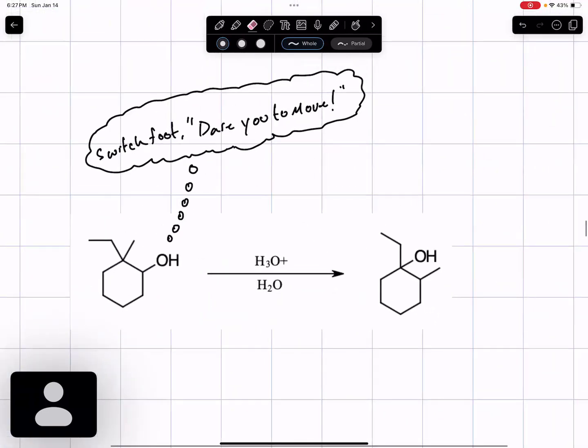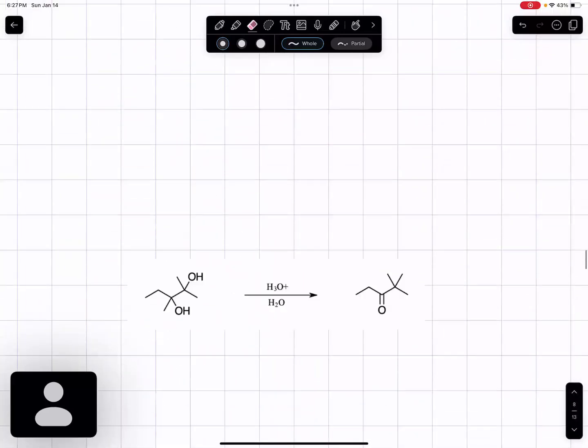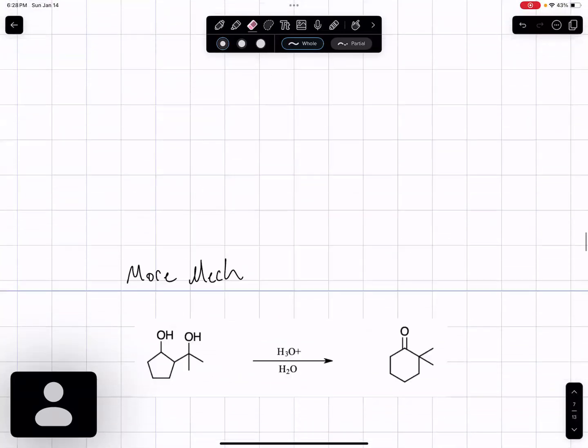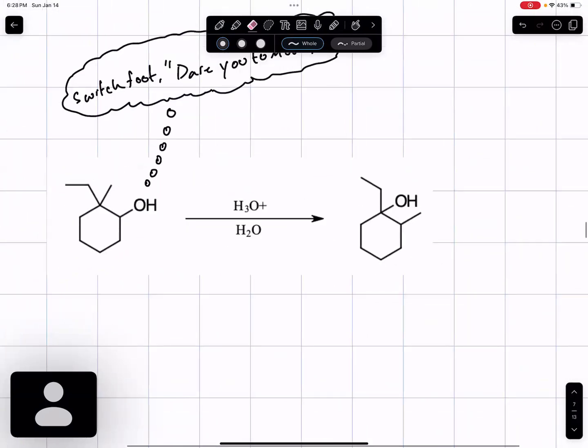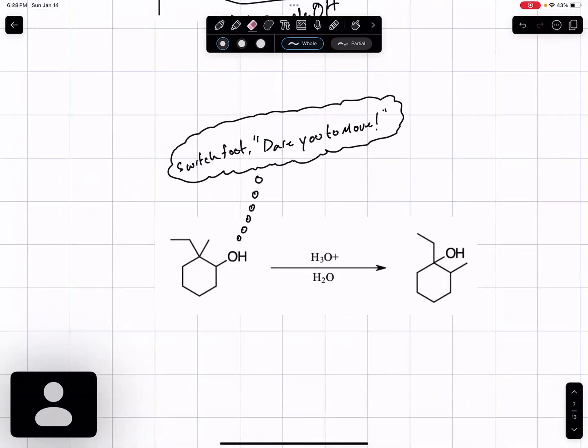Real quick, we have a couple of mechanism questions that I want to go over, and they get increasingly harder. We're going to give you a mechanism question, so just be prepared to practice mechanisms. Here we have a simple mechanism, and essentially what looks to be happening is that we're moving that OH group from, let's say, this carbon, let me color that in blue, to the carbon in green.